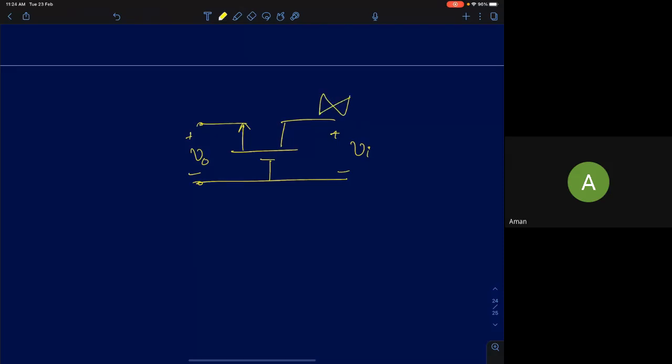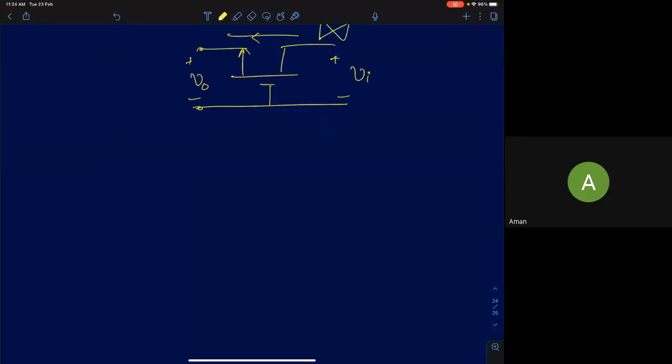Now, if I invert the terminals, do you think it's going to work? Let's say I just apply my input at the drain terminal, and I'm going to take my output at the source terminal. Let's ignore channel length modulation for the time being. If I ignore channel length modulation, even if I change drain voltage, will there be any change in the drain current?